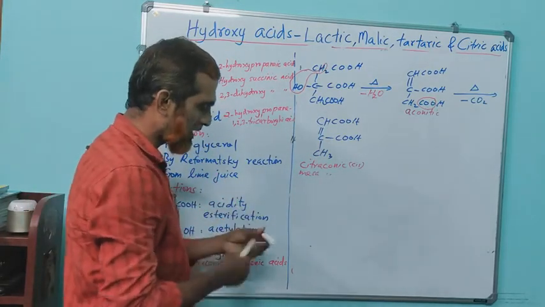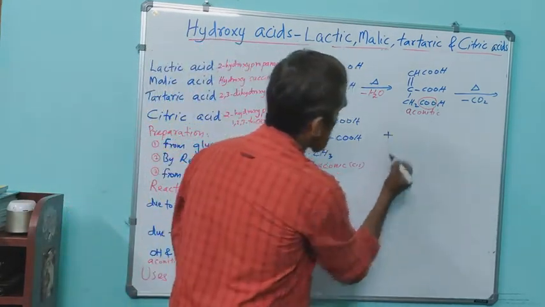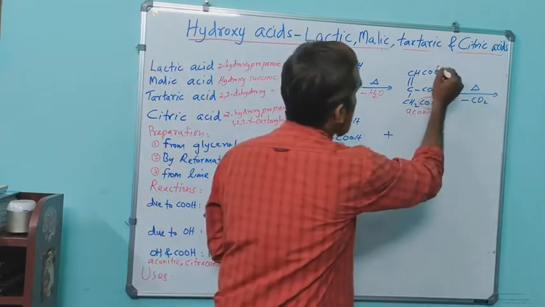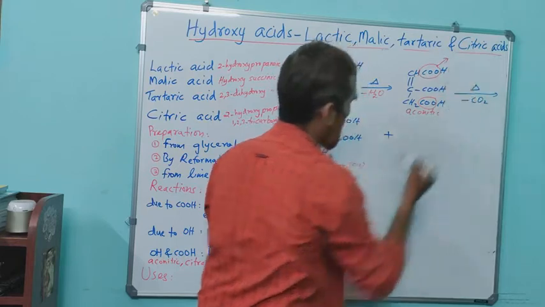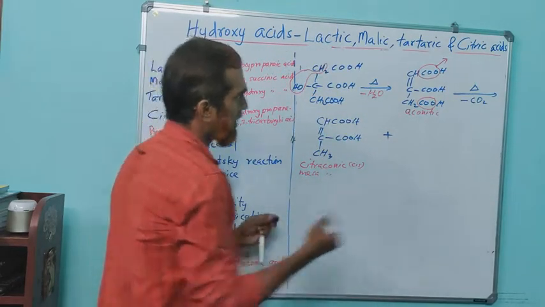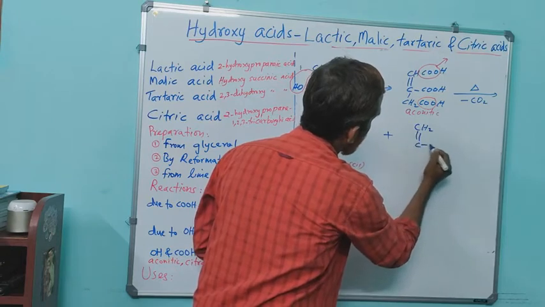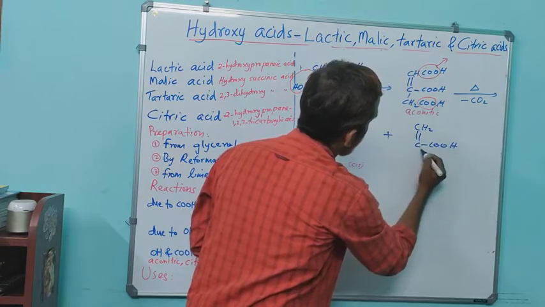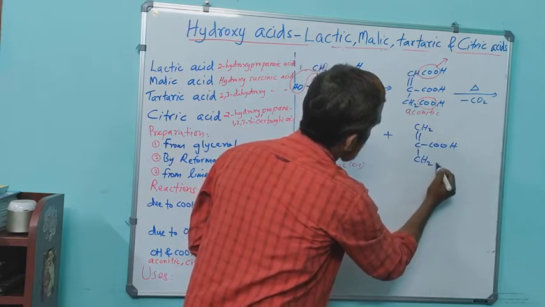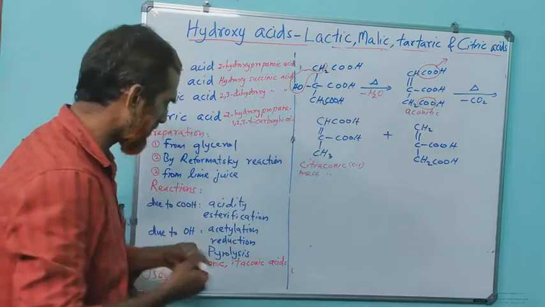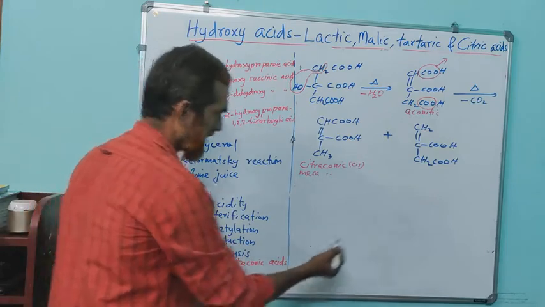And in addition to this, another product possible is, suppose this acid gets decarboxylated. This is gone. Then what you get? This becomes CH2, double bond, COOH, and CH2COOH. Okay, this is what is known as itaconic acid.